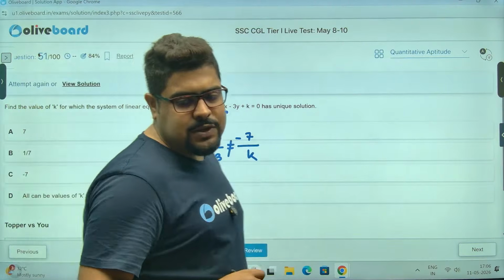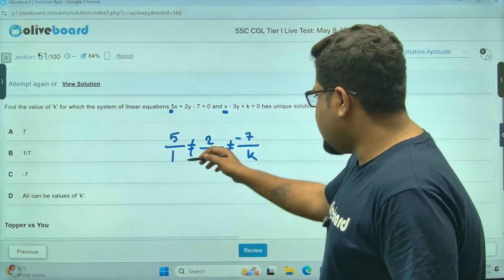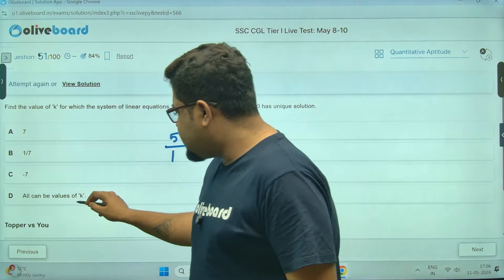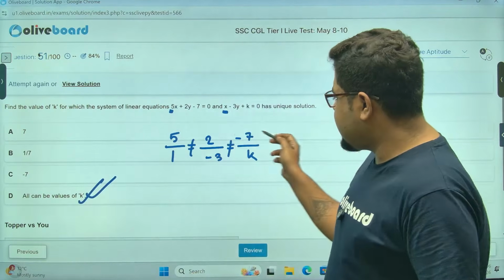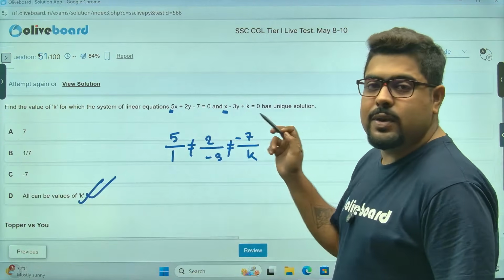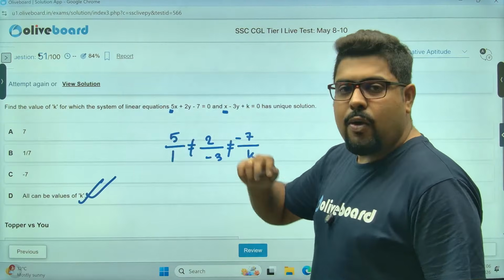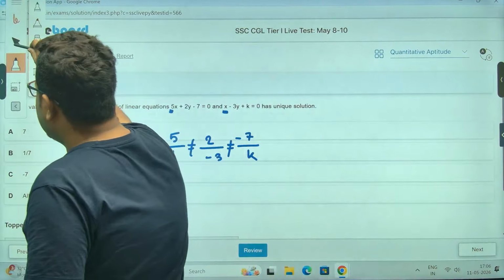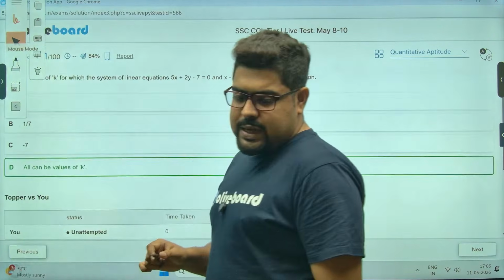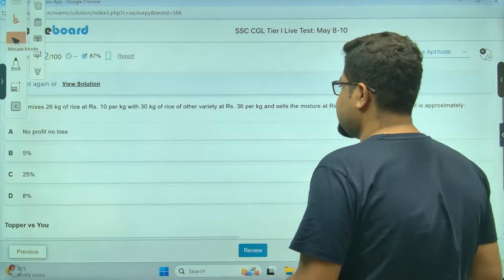In unique solution cases, as they are not equal, it can be all the values of k. So 100% that has to be the answer. We don't need to check much.